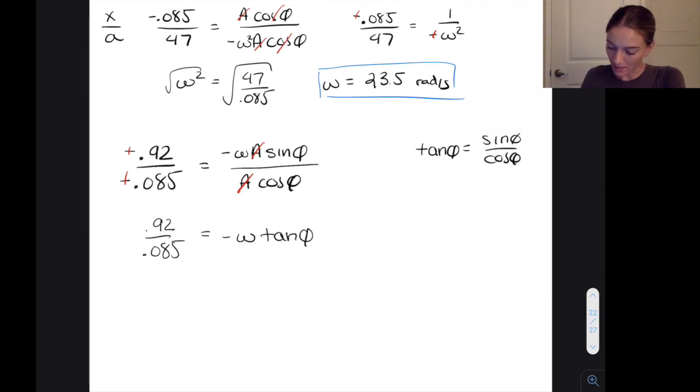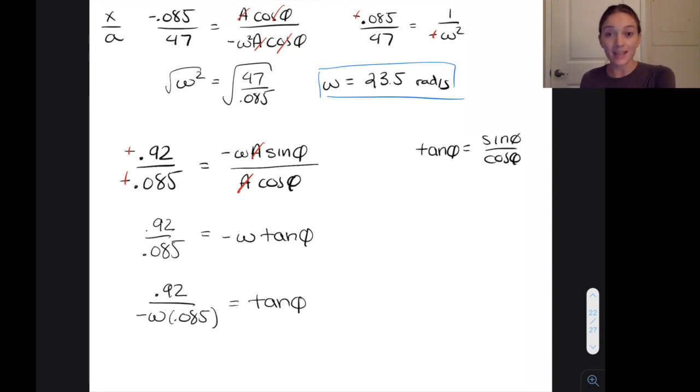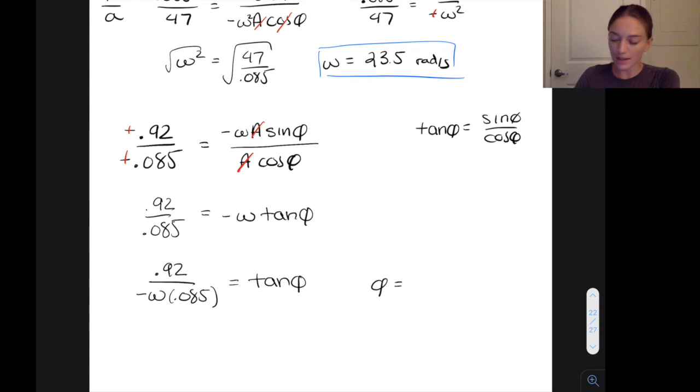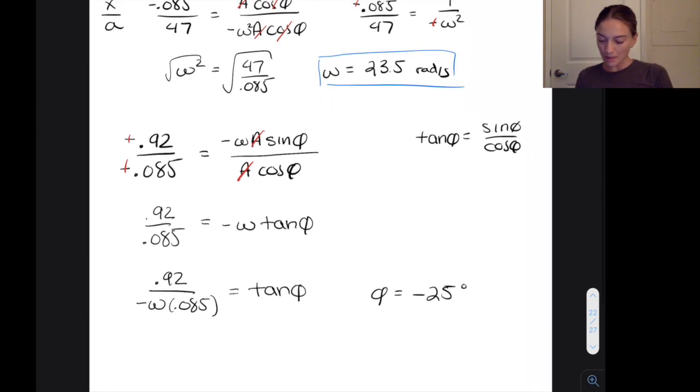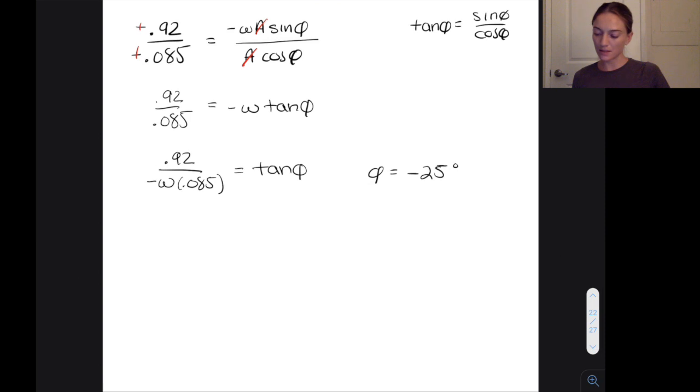So then I have 0.92 divided by negative omega and 0.085, and this is equal to tan of phi. So now I can take the tan inverse of both sides, plug in 23.5 right here, and you're going to get that phi is equal to negative 25 degrees. Now I'm putting it in degrees just so that it's a little bit easier, our next step. Alright, so that's my phase constant.